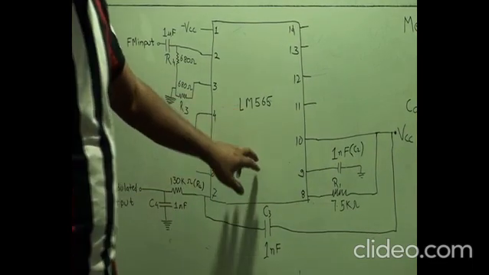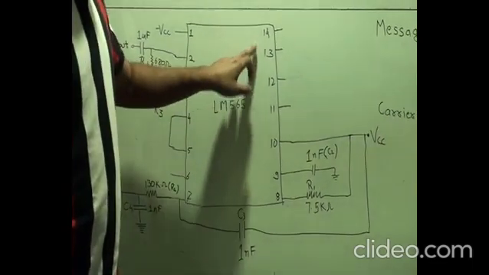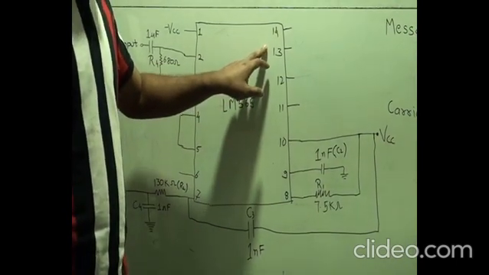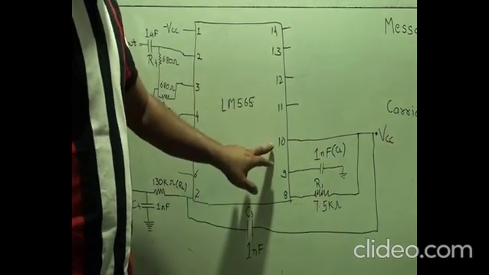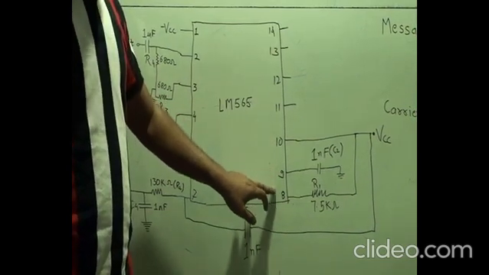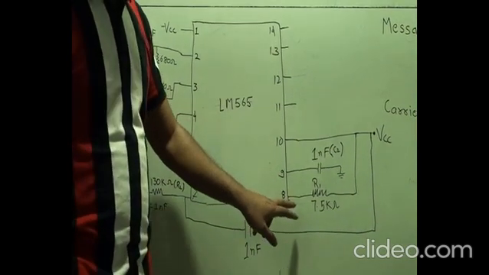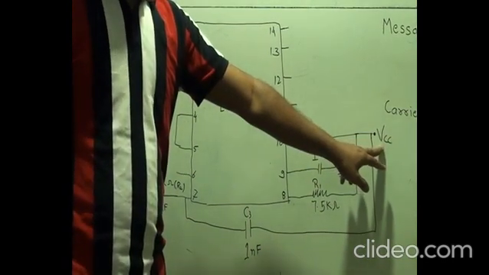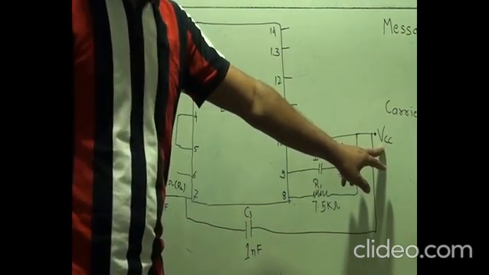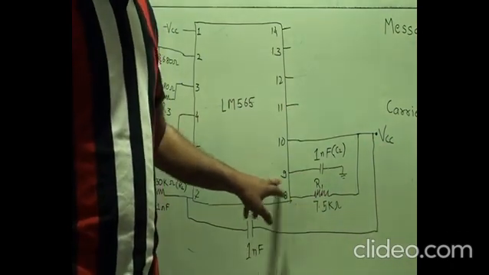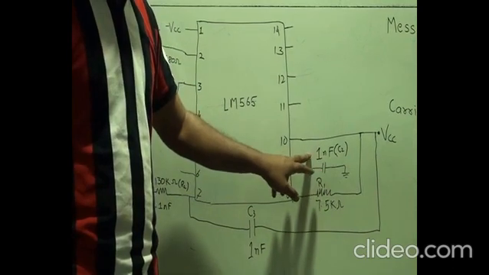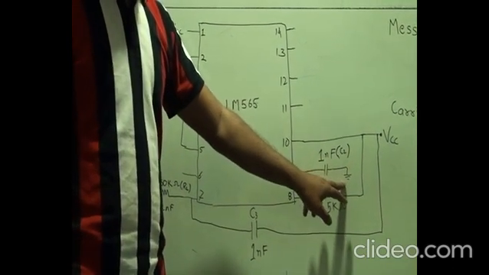Now coming to the next side, here we can see that pins 14, 13, 12 and 11 are left open, and we will be using the 10th, 9th and 8th pin. On the 10th pin we will be giving the input voltage, that is plus 5 volt, and on the 9th pin we are connecting a capacitance of value 1 nanofarad and it is grounded.